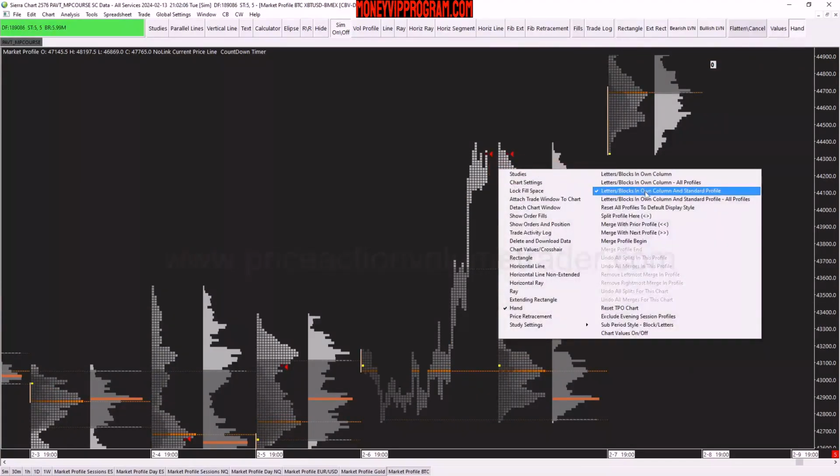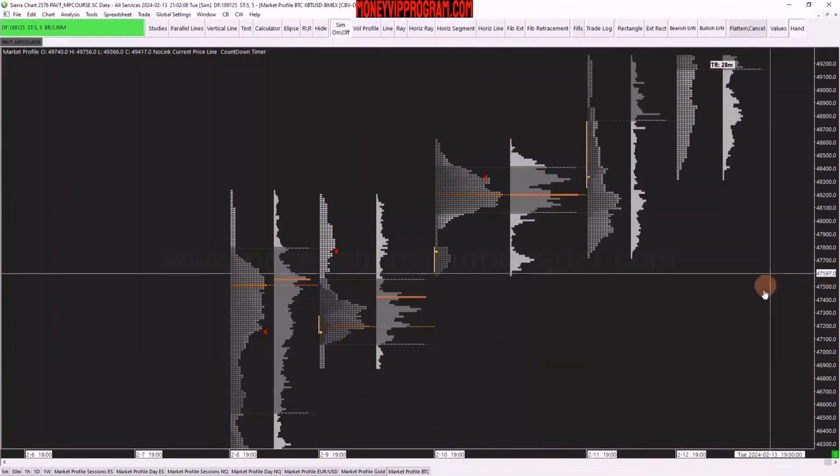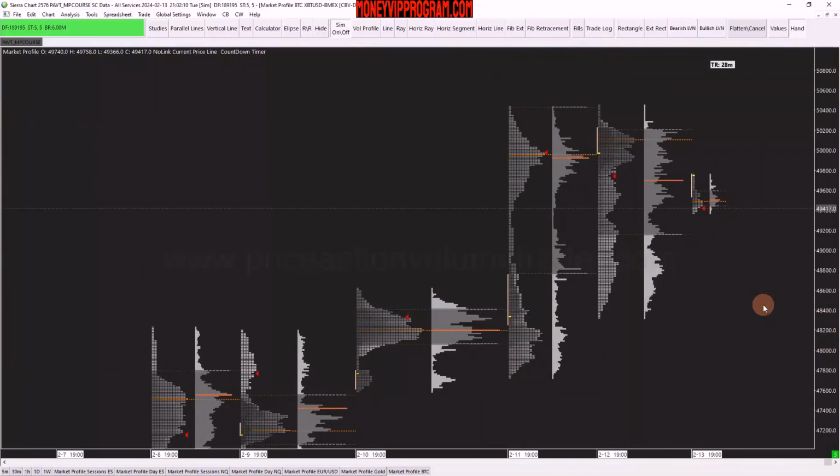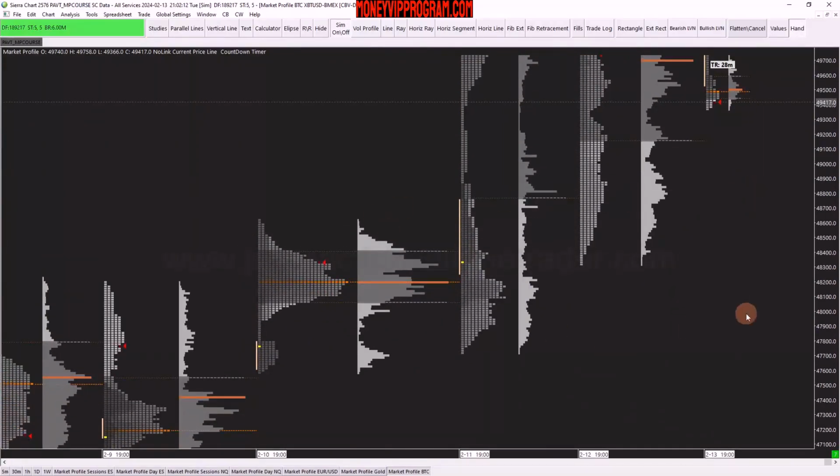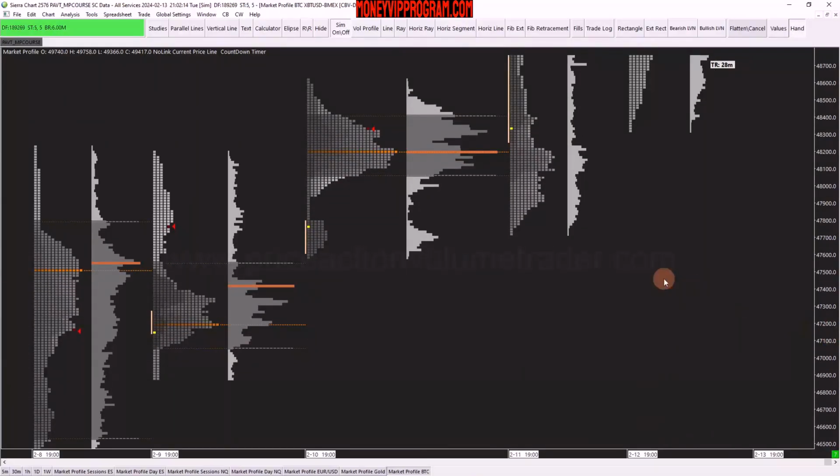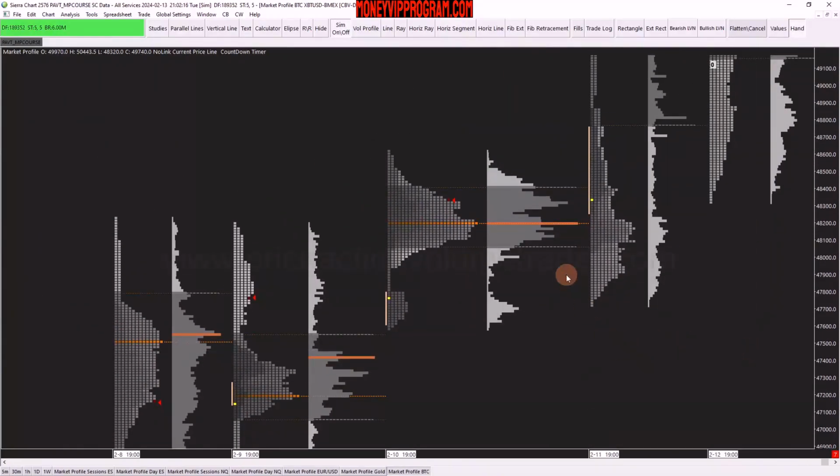Okay, let me take this off. You can see how having both side by side just gives you a good corroboration of how the profiles look.